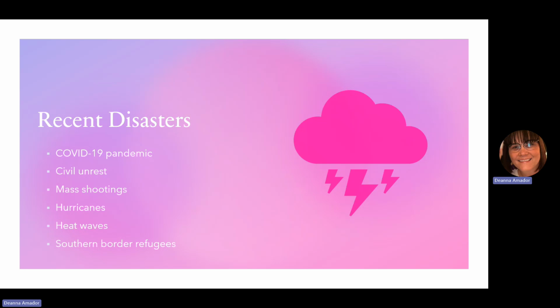So some of the recent disasters that we've had, obviously our COVID-19 pandemic. We have been seeing civil unrest over there with Israel, and also the Ukraine. Mass shootings we unfortunately see all the time, hurricanes, heat waves, and then the southern border refugees.